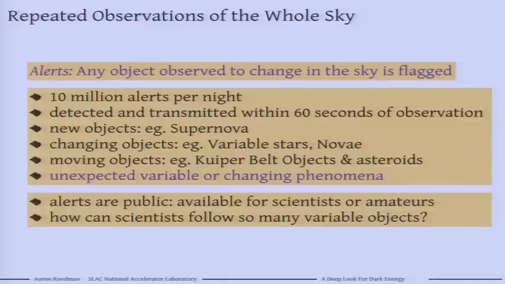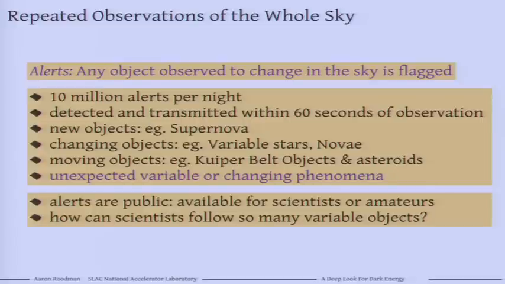But there are many other aspects to the science we'll do with LSST besides dark energy. And I'll just talk about one of them in general today, and that's the alerts, the ability to see changes in the sky. And this is enabled by the fact that we look at the same part of the sky many, many times.